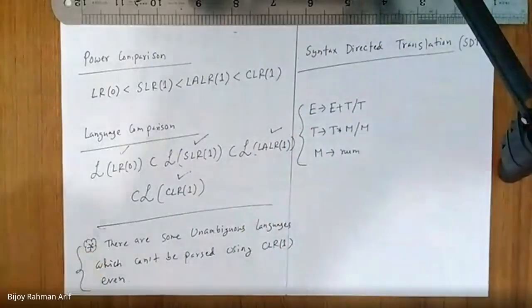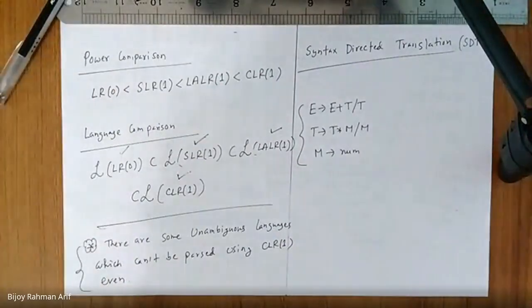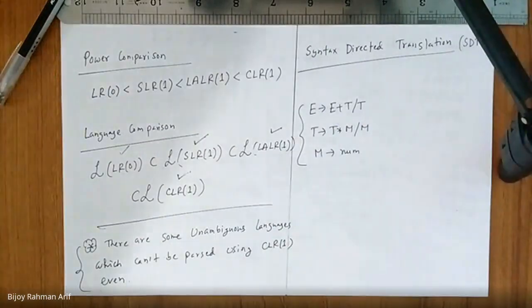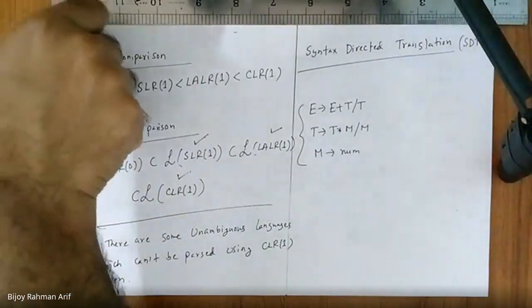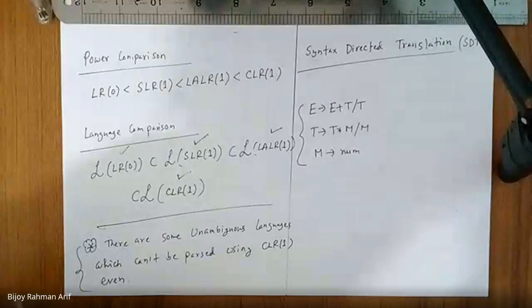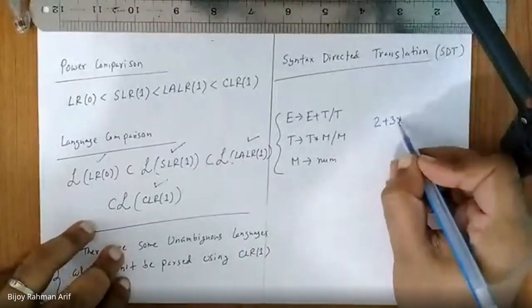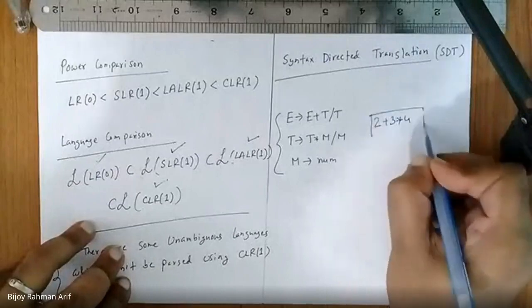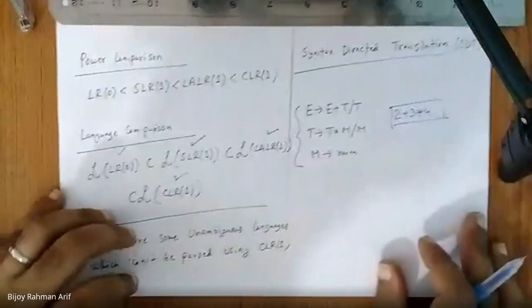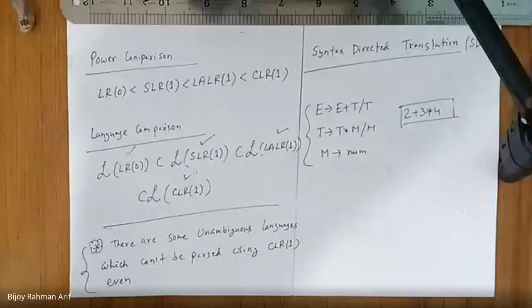What can it do? Tell me. Let's say I have been given this calculation: 2 plus 3 star 4. Can it compute this thing? Yes, sir. How? How can it compute this thing?